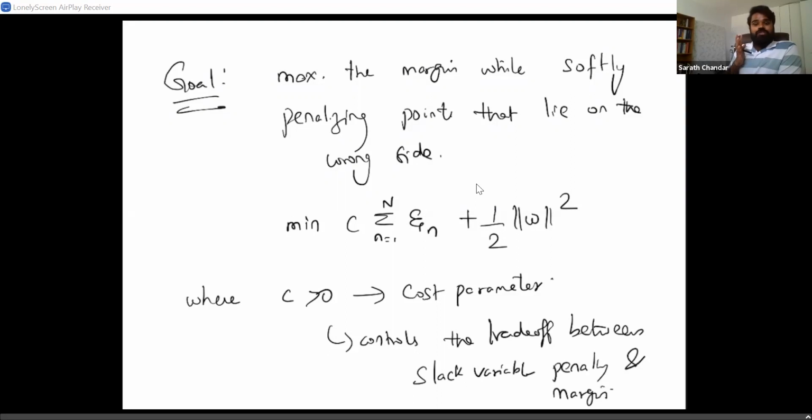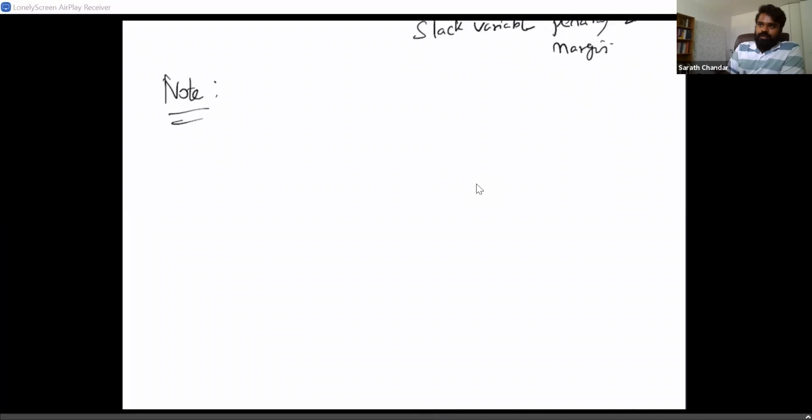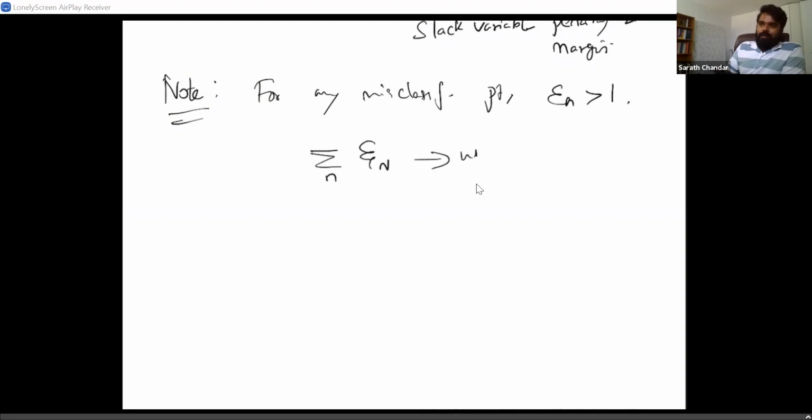If you care so much about the margin, the cost will be less, which means the model will not tolerate a lot of violations. On the other hand, by tuning this cost parameter, you can decide the number of violations that you want. Now a quick note. For any misclassified point, epsilon n is greater than 1, so the summation over n of epsilon n is an upper bound on the number of misclassified points.